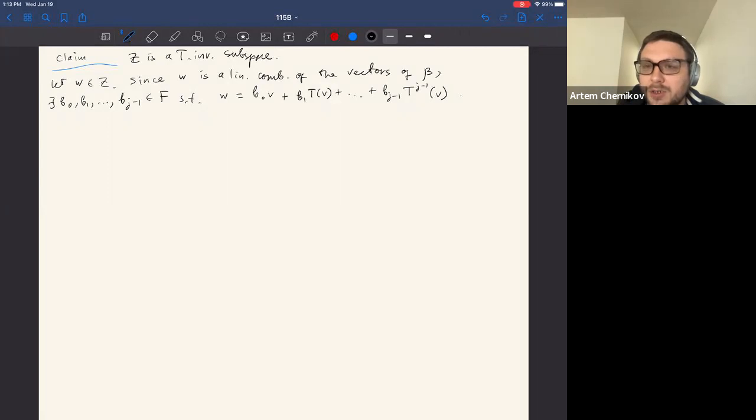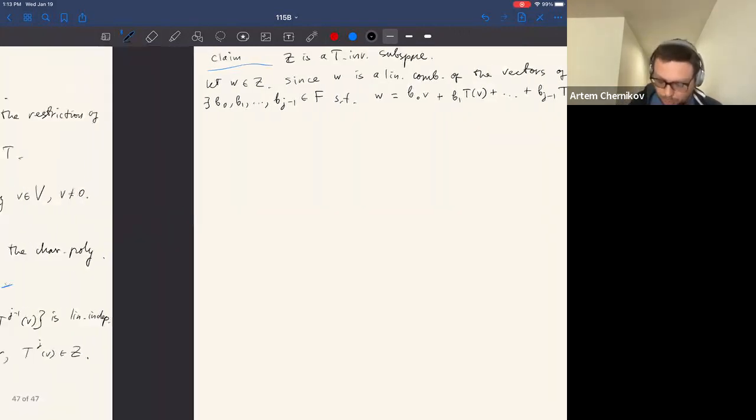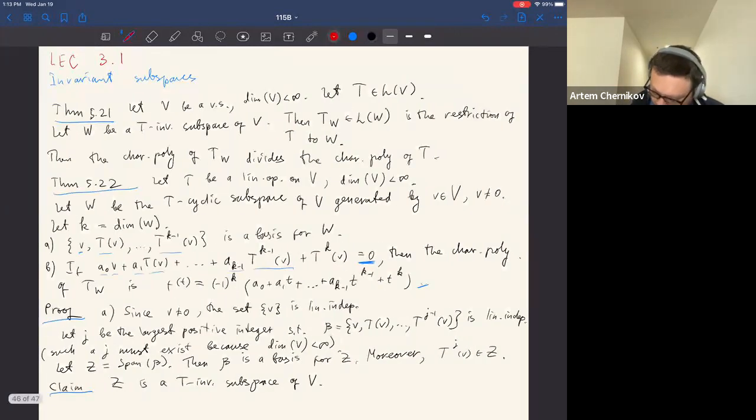Let me see. There's a question in the chat. Can you explain why T^j(v) is an element of Z? Good point. The reason is that we chose J to be the largest integer such that this set is linearly independent.